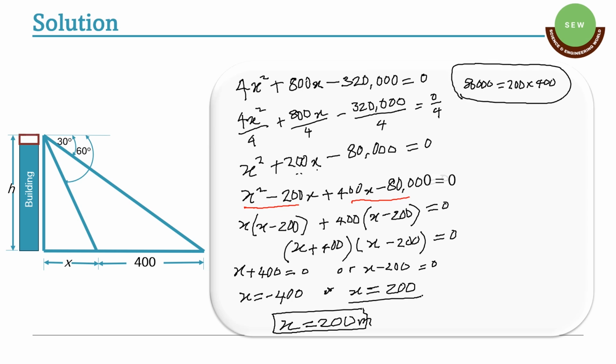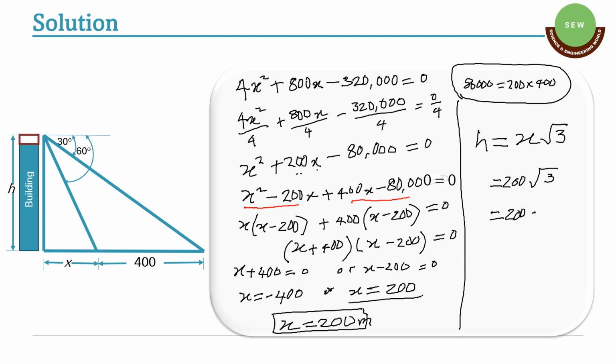So we now put this into the fact that h, where before h equals to x square root of 3. We then say that h equals to 200 square root of 3. Square root of 3 is 1.732.